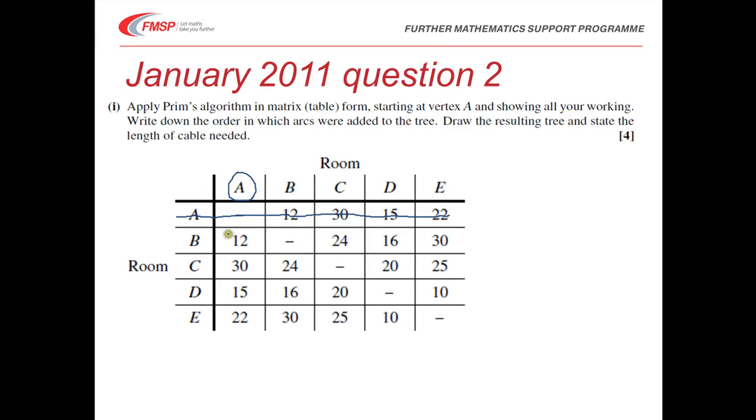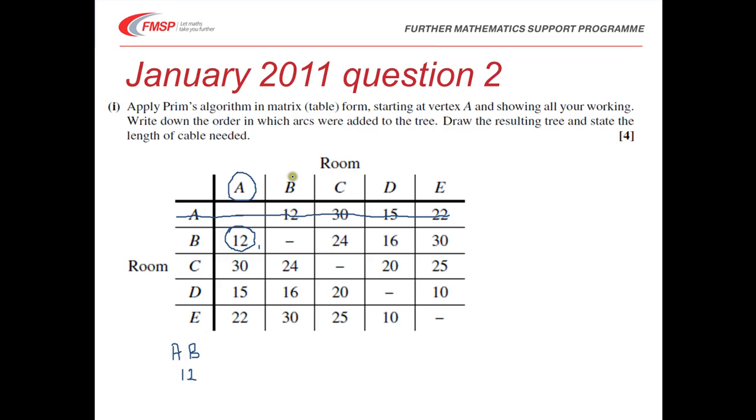So we're now looking down the column A, and we're looking for the shortest place that we can get to, which is B. So I'm going to circle that and put a little 1, and I'm going to write that down. So AB is the first arc, and it has length 12.